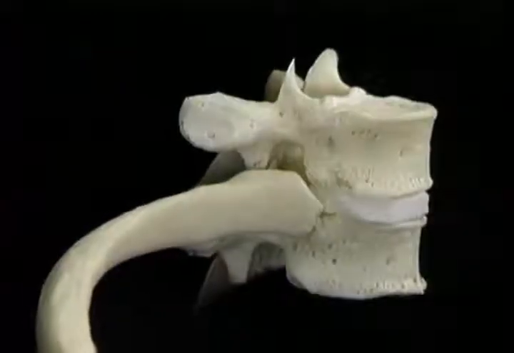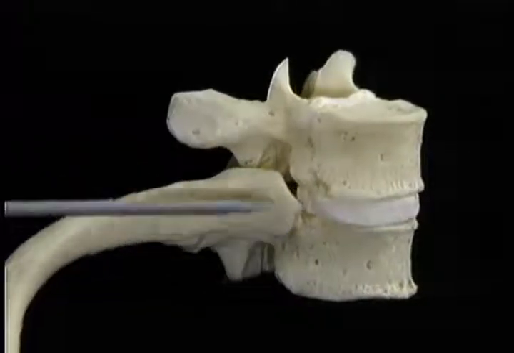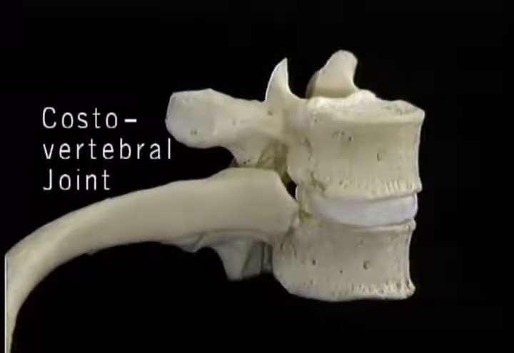As we saw in the section on the spine, the rib articulates with the adjoining vertebrae at 2 points, the head and the tubercle. The head of the rib has 2 articular facets. The 2 facets articulate with the vertebral bodies above and below to form the costovertebral joint.